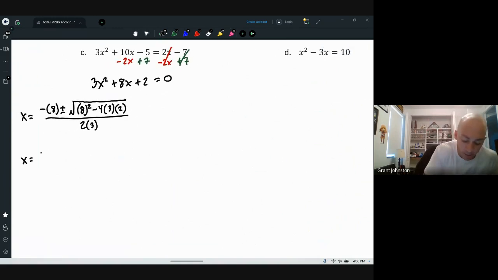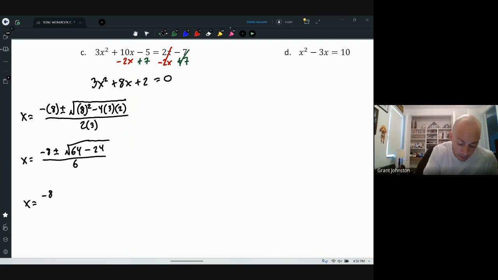So I'm going to have negative 8 plus or minus 8 squared, which is 64, minus 4ac. So negative 4 times 3 is negative 12, times 2, so it'll be minus 24 here. Over 2 times 3 is 6.